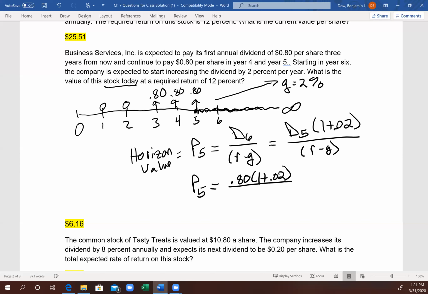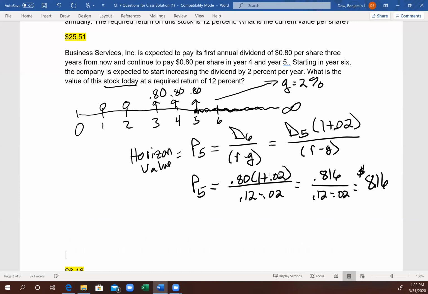So that would be equal to about 82 cents, or 0.816, which I know should be about $8.16. Okay. I don't get all excited because we're not done.